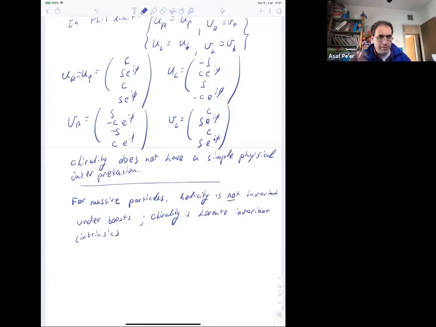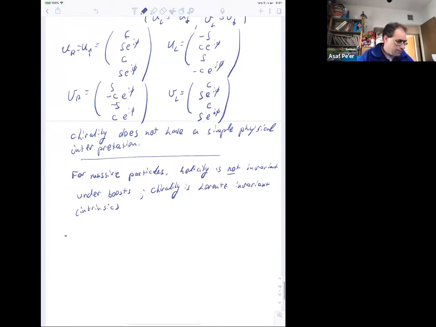The way to say it mathematically is just because this gamma 5 matrix is a matrix of constants, just numbers multiplying a Lorentz transformation. However, helicity commutes with the Hamiltonian, so it is conserved in time.